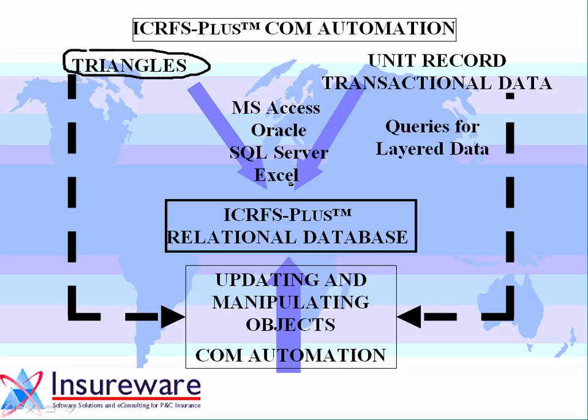You can write, and we also provide you with templates, COM scripts, Visual Basic commands, say in Excel, that will take the triangles, and we're going to do this in Chapter 4 of the video demonstrations. We're going to show you a few examples, real live examples where we do this.